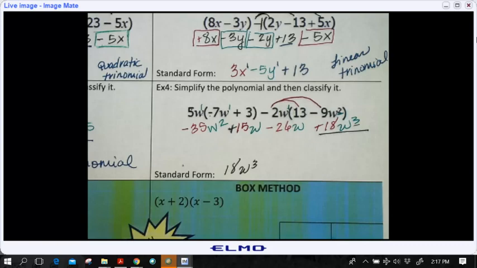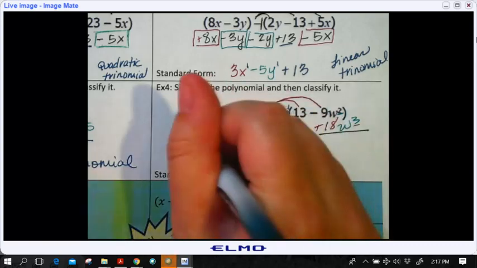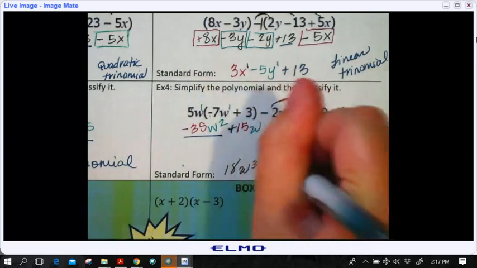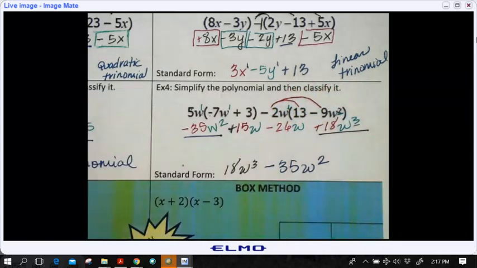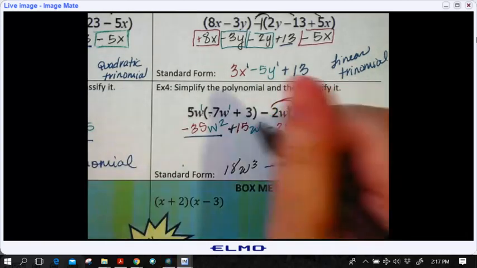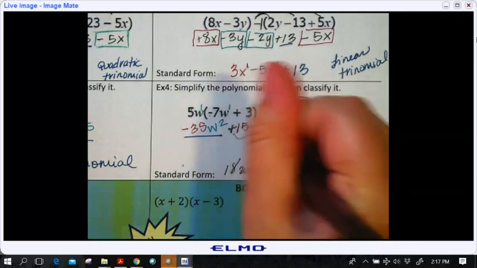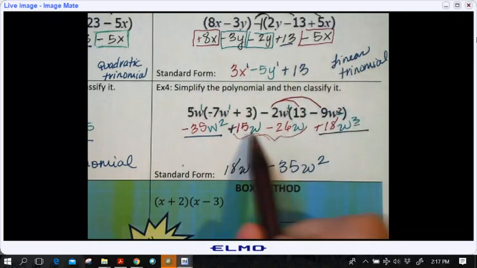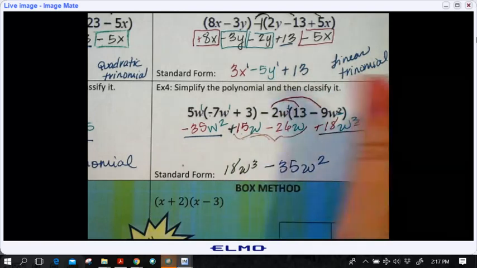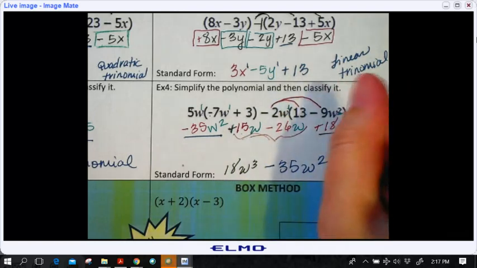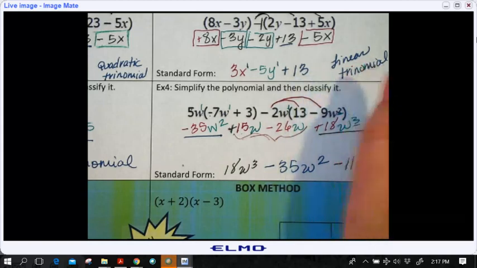Oh, w squared isn't going to combine with anything. So let's just bring that down. -35w squared. And then these will combine. So I have 15w minus 26w, which is going to give me a -11w.